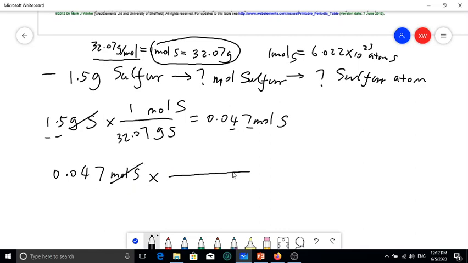Since you start with a mole of sulfur, the mole of sulfur will be down here, and the atoms of sulfur will be up here. So if you have 0.047 mole, then every 1 mole is 6.022 times 10 to the 23rd. Now this is going to give you a number, by the way, you're still going to keep 2 sig figs.